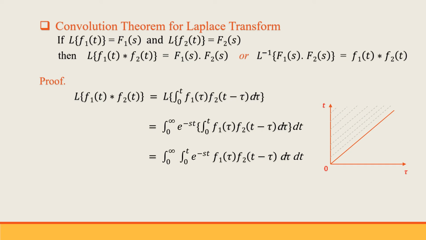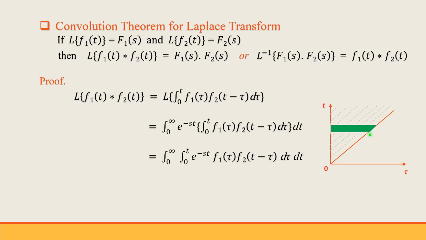Now, to change the order of integration, we will assume a strip parallel to the tau axis as our first integral is with respect to d tau. Now, let us check whether the strip is following the limits. In the horizontal axis, the strip is varying from tau equal to 0 to tau equal to t.